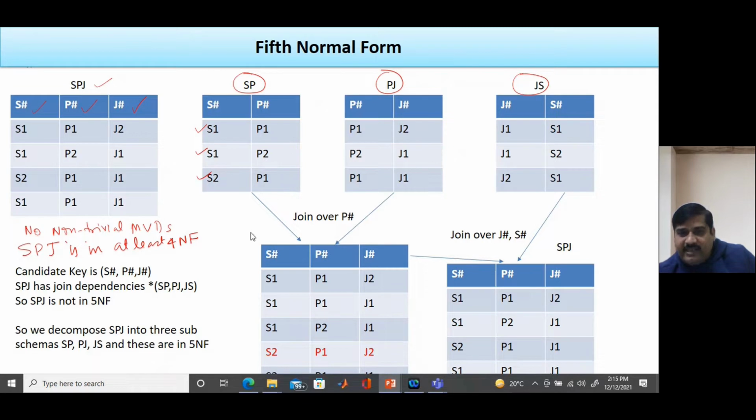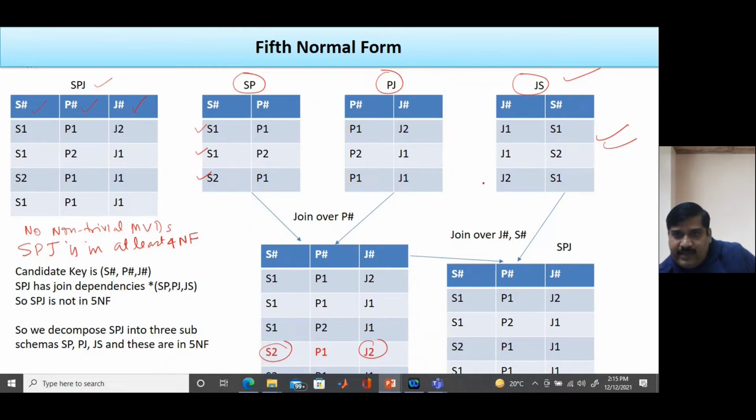Now we will join this intermediate result with this table over J number and S number. So for the J1 S1 related tuple we will select J1 S1, and for the J1 S2 tuple we will select J1 S2. But J2 S2 is not in this JS relation, so this tuple will not be selected.